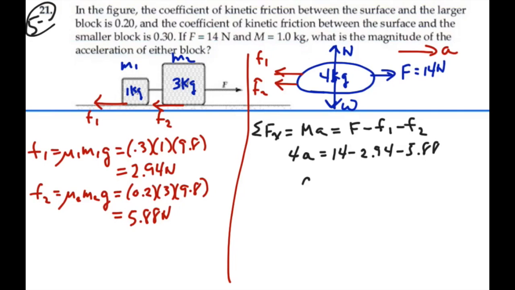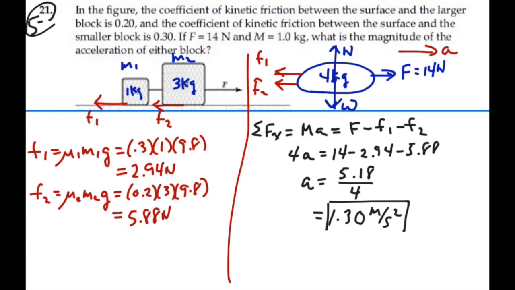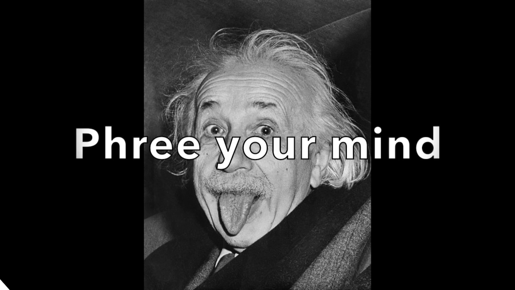So we have that a is equal to 5.18 divided by 4, or that's equal to 1.295, so we'll say 1.30 meters per second squared. So the acceleration of both blocks, since they're connected, is 1.30 meters per second squared to the right.